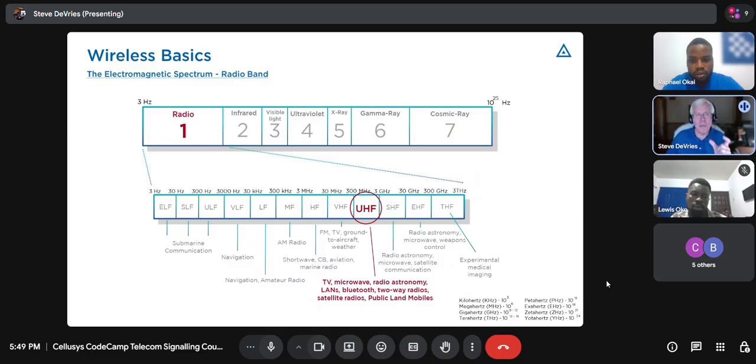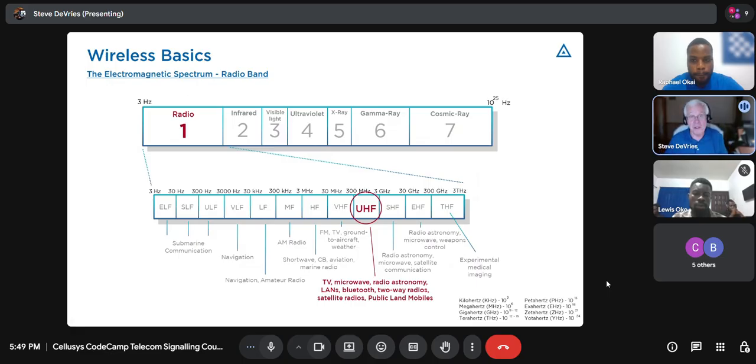When you look at electromagnetic waves, it's important to look at the spectrum and see at least where mobile telephony fits in. If you look at the top part here, you have from 3 hertz. A hertz is just how many of these cycles per second. If you think of a wave going up and down, the distance between the two crests, how many of those can travel in one second?